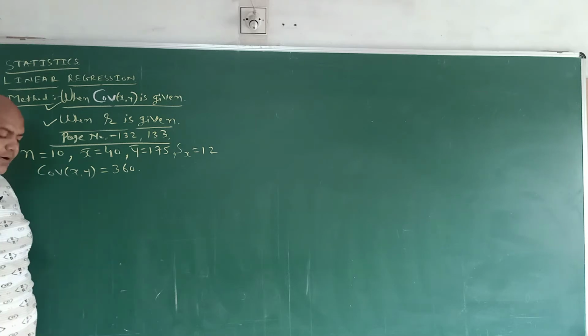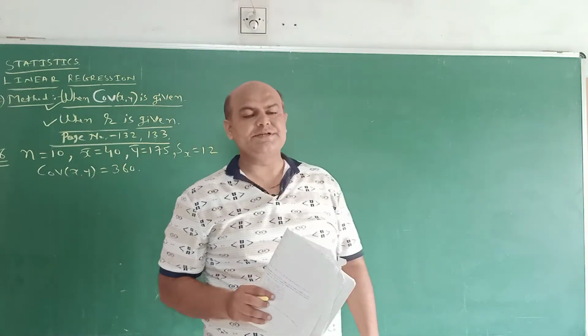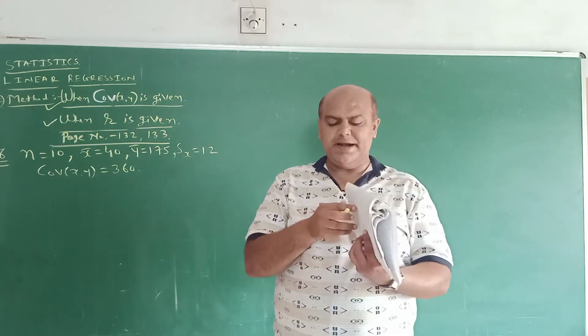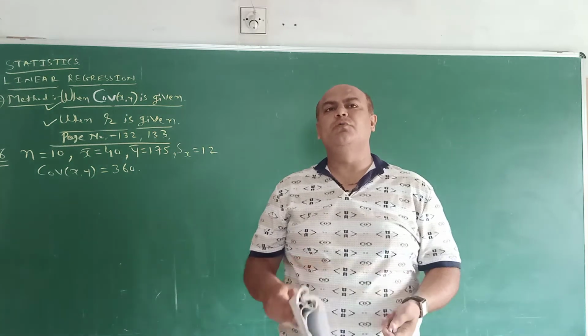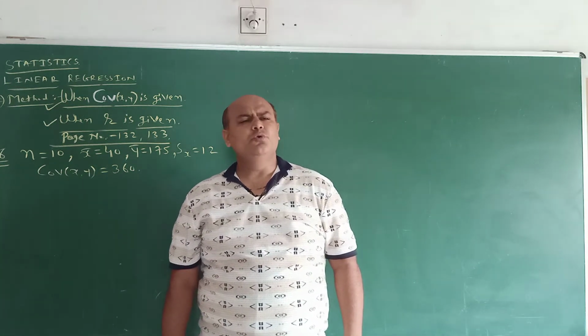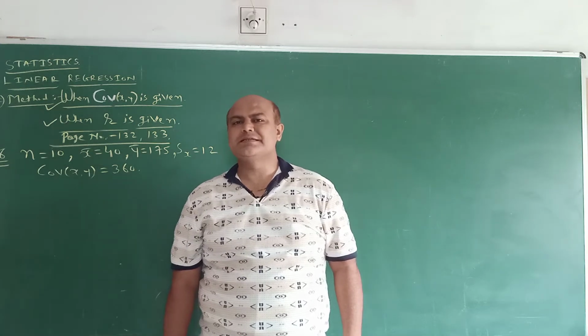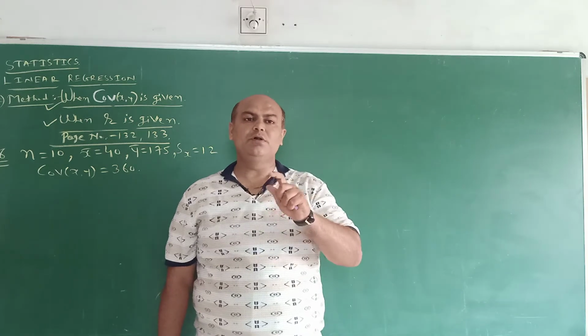In this particular question, they provide covariance xy 360. Immediately in our mind the point arises that we have to apply the formula of covariance xy given ready in the question. You all remember the formula, students. In the regression coefficients formula, I provided you all the formulas ready.